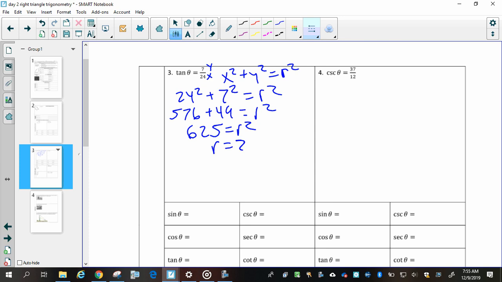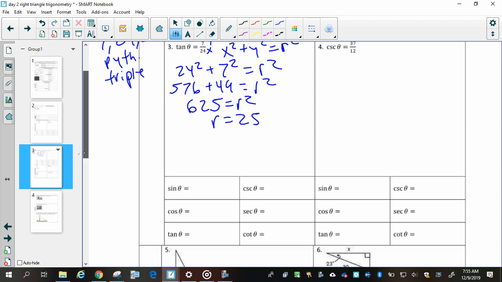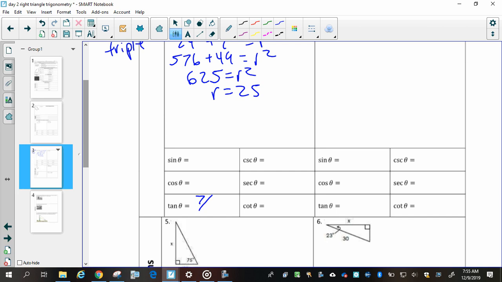So r is 25. This is another Pythagorean triple. Remember I said it might be beneficial to remember these, but not necessary. I remembered the 3, 4, 5, the easiest one. So now that we have that, we could find everything else. We were given tangent, so that was easy, 7 over 24. Which means cotangent is going to be the reciprocal, 24 over 7.